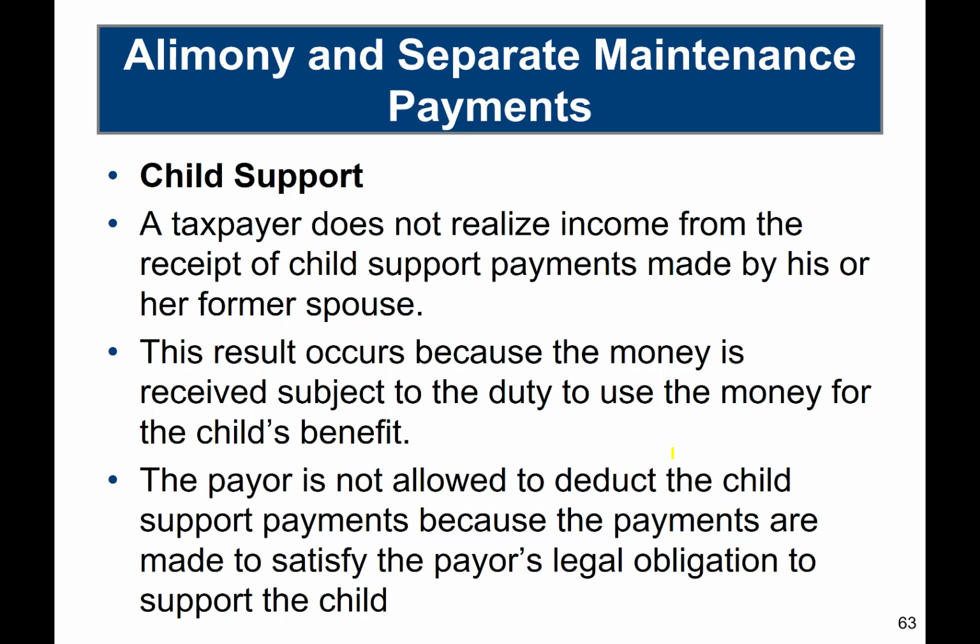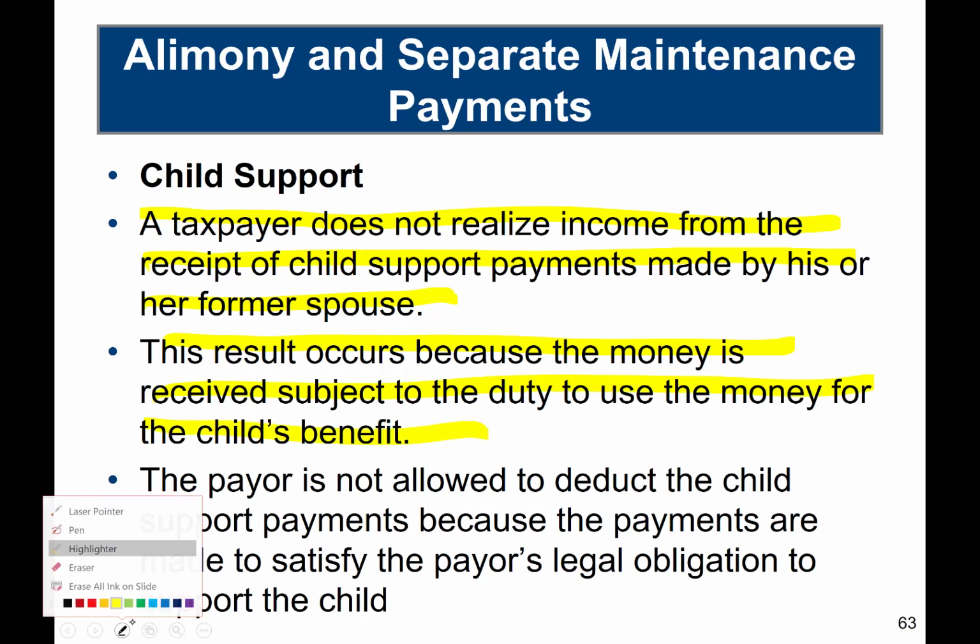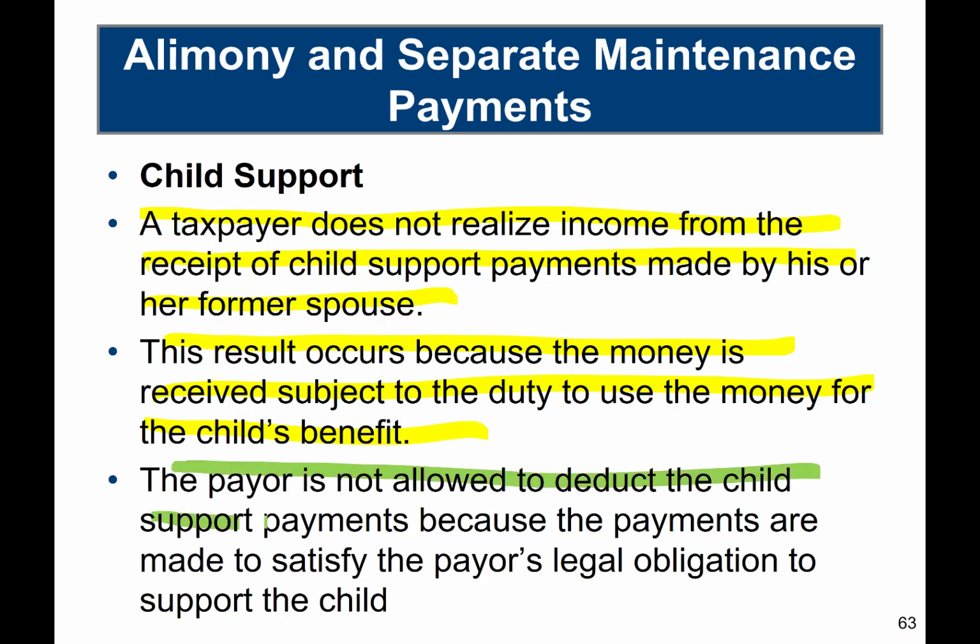Okay. Now we come over and we have child support. The taxpayer does not realize income from the receipt of child support payments made by the spouse. This is because the money is for the benefit of the child, and so the payer is not going to be able to deduct the child support payments, because the payments are made to satisfy the payer's legal obligation to support their child.